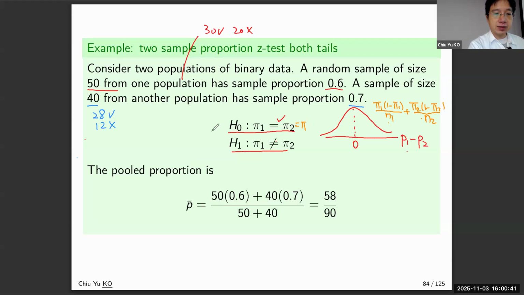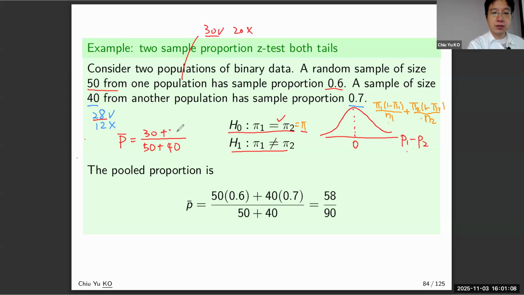And the best guess will come from forgetting about the difference, our P bar, which estimates pi, will be just adding how many samples we have, 50 plus 40. And how many say yes? 30 plus 28.